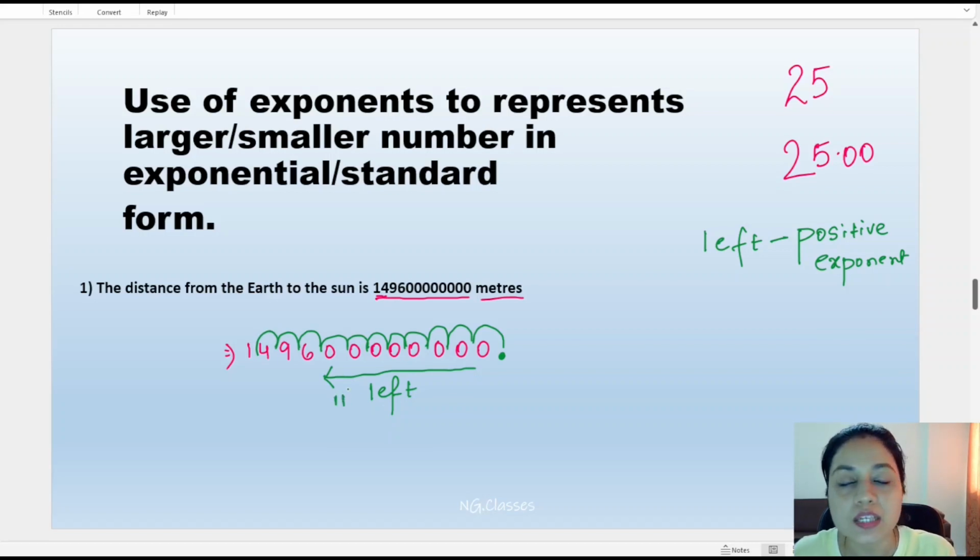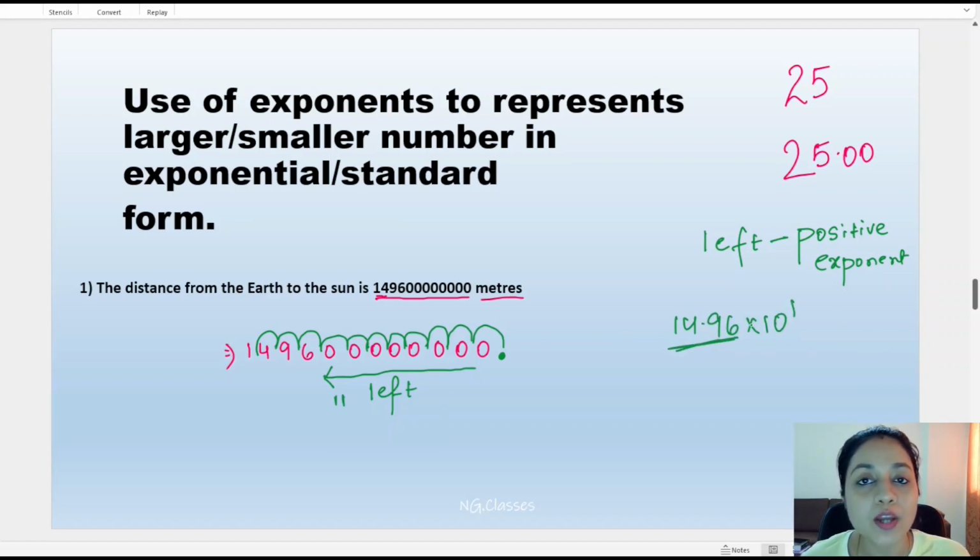Why 11 places, not 10, 9, 8? As we have already discussed, a must be greater than or equal to 1 and less than 10. If we take 14.96 times 10 to the power something, this 14.96 is greater than 10. If we take 149.6, again it is greater than 10, which is not acceptable for a standard form.